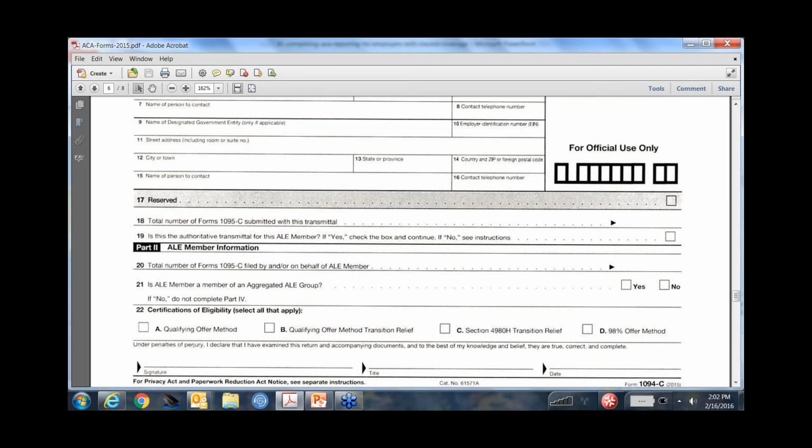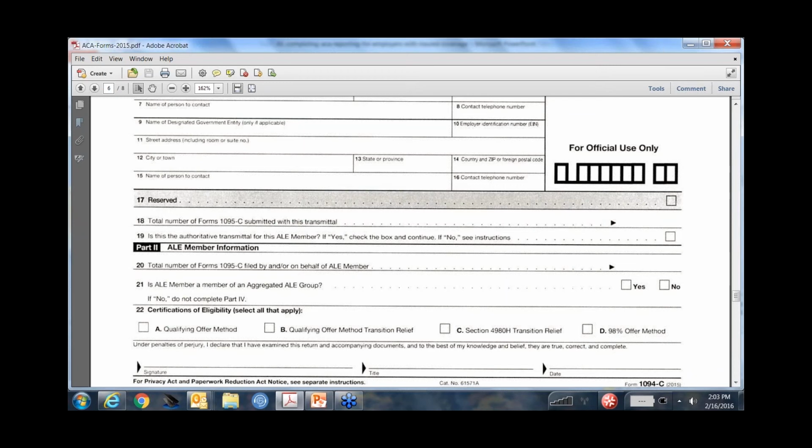You would check box A. What that gives you is that instead of giving the employees a 1095-C, you can give them an alternative statement. I don't know why anybody would want to do that, because you still have to file a 1095-C with the government. So why, and I'll point that out when I go through the slides.